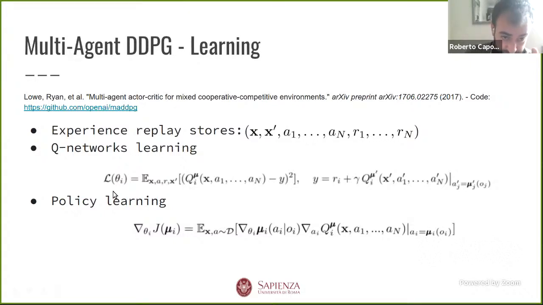And then for the policy learning side of things, each policy individually is optimized by receiving the critique from the Q network, which looks at the current state, the actions of all the agents, and then returns a signal to the policy.